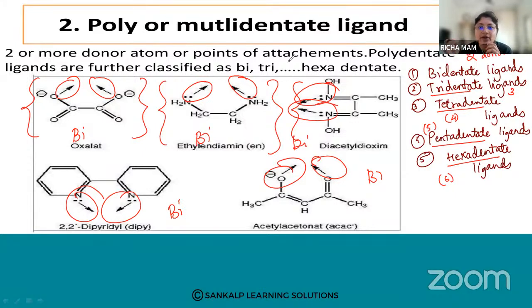In bidentate you have two donor atoms, in tridentate 3, tetra 4, penta 5, hexa 6. The examples we will see in the next class. Is it clear up to here?